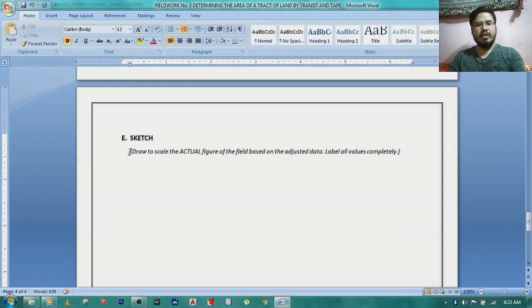We have here an instruction: draw to scale the actual figure.